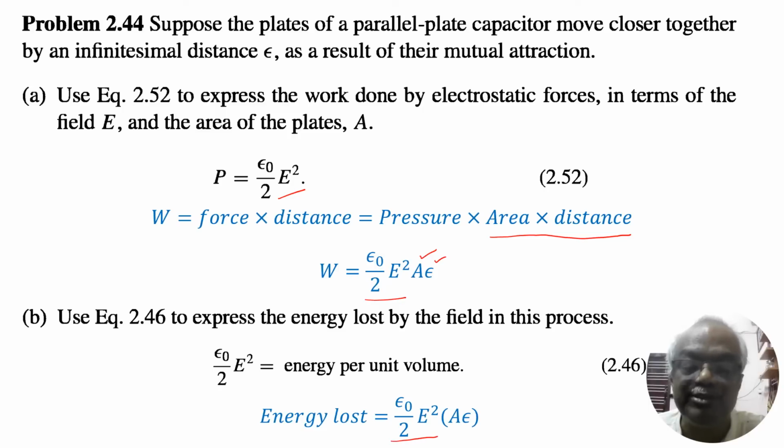Remember that we are reducing the distance by epsilon, so A times epsilon is the decrease in volume. So this is equal to the energy lost. You can compare these two. It shows that the energy lost during this process is equal to the work done by the system.